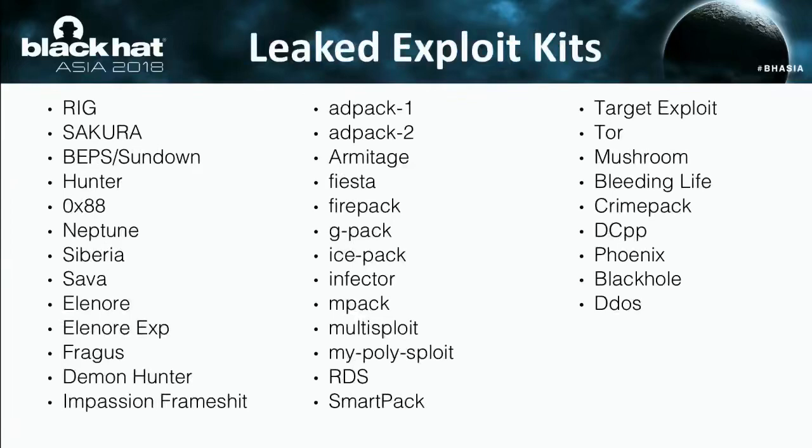So these are all the leaked exploit kits we collected from many different places. We analyzed the source code of these exploit kits very well, and we found two different types of attack infrastructure.